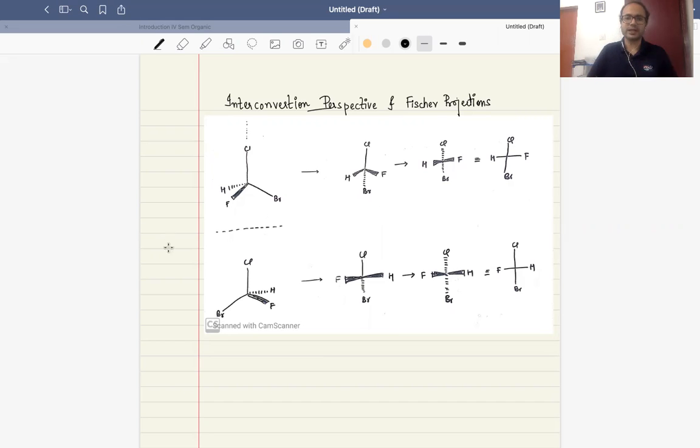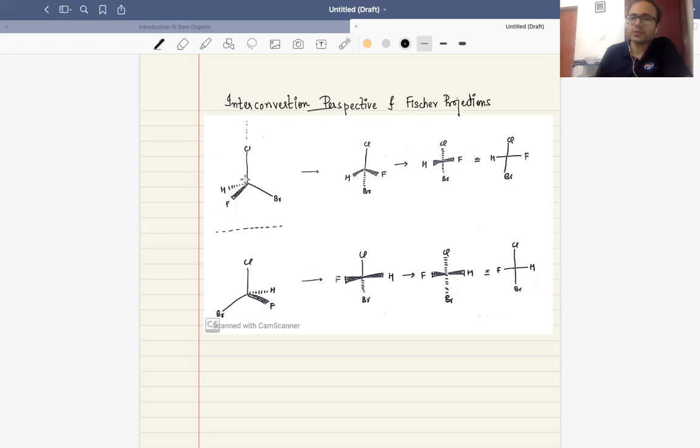On your screen, as you can see here, I have drawn a hypothetical molecule, which is nothing but bromochlorofluoromethane. I have drawn this particular molecule using a perspective formula.